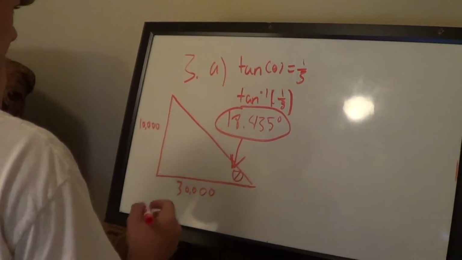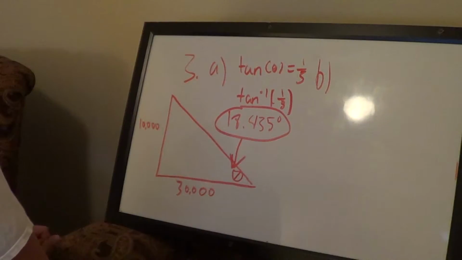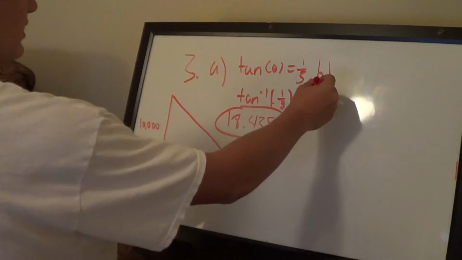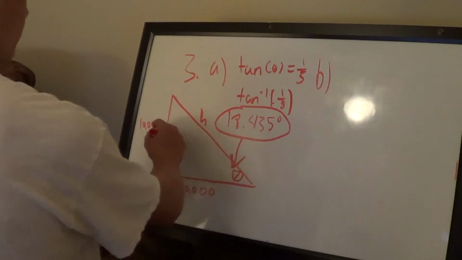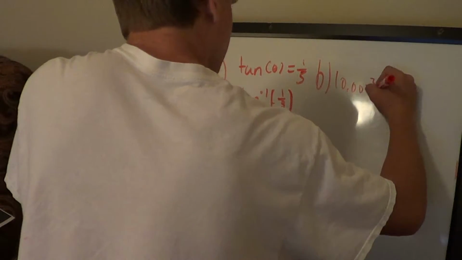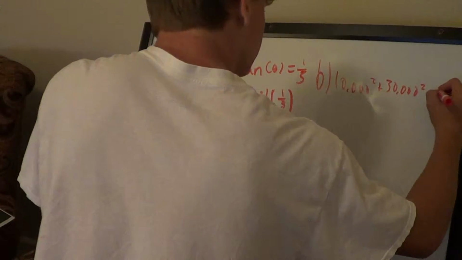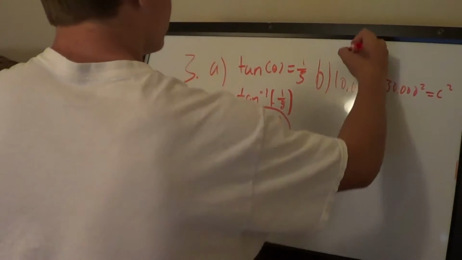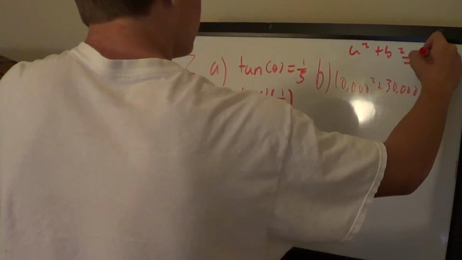And then part B asks what is the straight line distance from the beach to the peak? So B is asking for this right here, the hypotenuse, the straight line distance. In order to find the hypotenuse, we have to do 10,000 squared plus 30,000 squared equals c squared, because a squared plus b squared equals c squared.